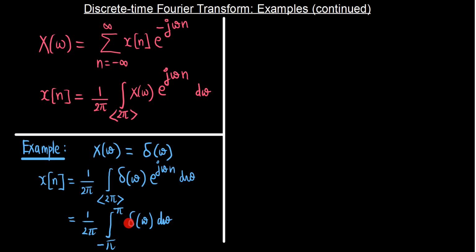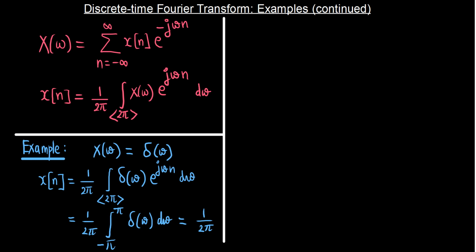From the definition of the impulse function, this integration is going to be 1. So this is going to be equal to 1 upon 2 pi. That means if we have a signal in the Fourier domain as delta of omega, in the time domain we are going to get a constant signal that has the amplitude of 1 upon 2 pi.